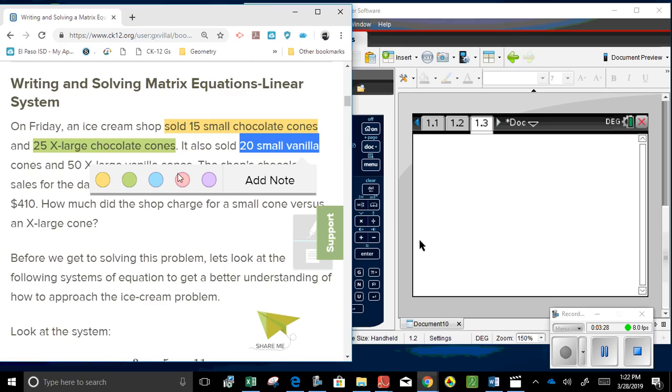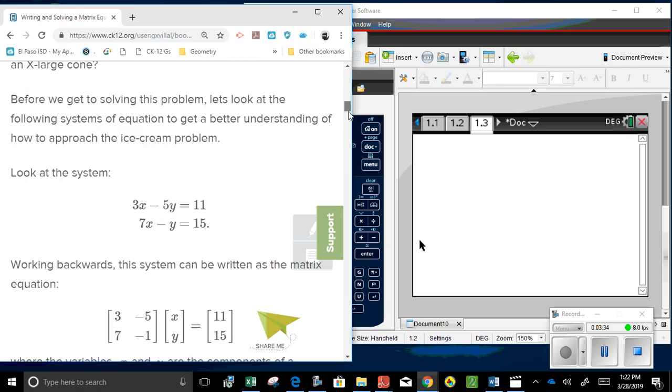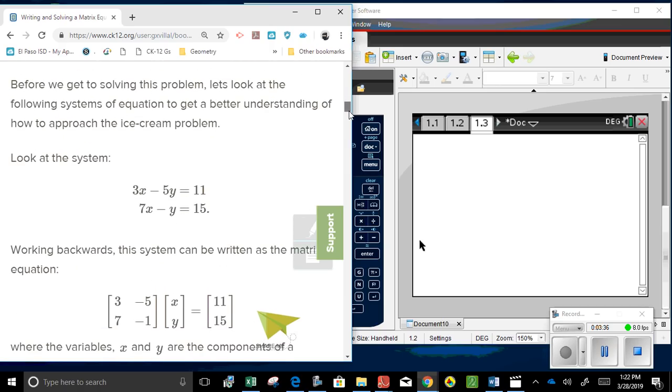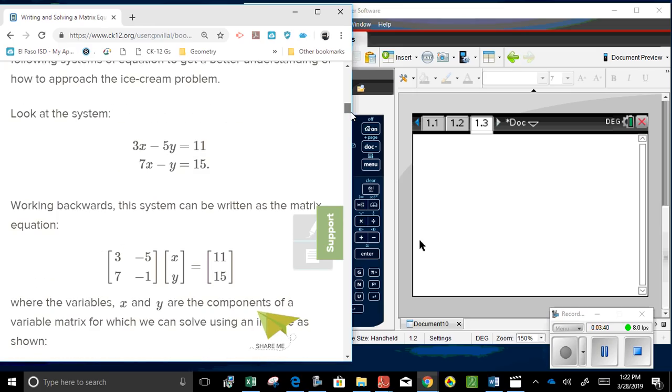That's 15 and 25 is 220. Look at the first equation. Oh, I guess we're going to do that later. So, my bad. Let's do this system right here.